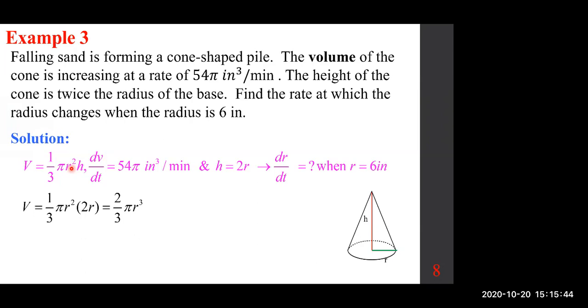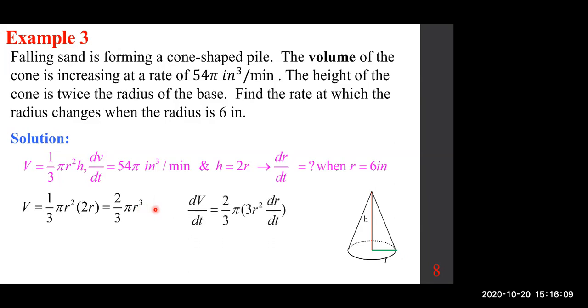And then we get 2/3 pi r cubed. Now we go with dV dt, which is given as 54 pi. So find dV dt. What is that? 2/3 pi, that's a number, a coefficient, times r cubed with the 3r squared, and then it's dr dt.